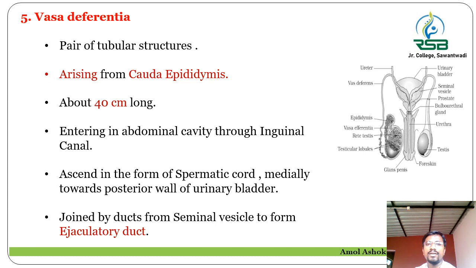So what is the vas deferens or vasa deferentia? Here it is one tubular structure of vas deferens. Again here it is one tube-like structure of vas deferens. The vas deferens or vasa deferentia are a pair of tubular structures which arise from the lower part of the epididymis, called the cauda epididymis.